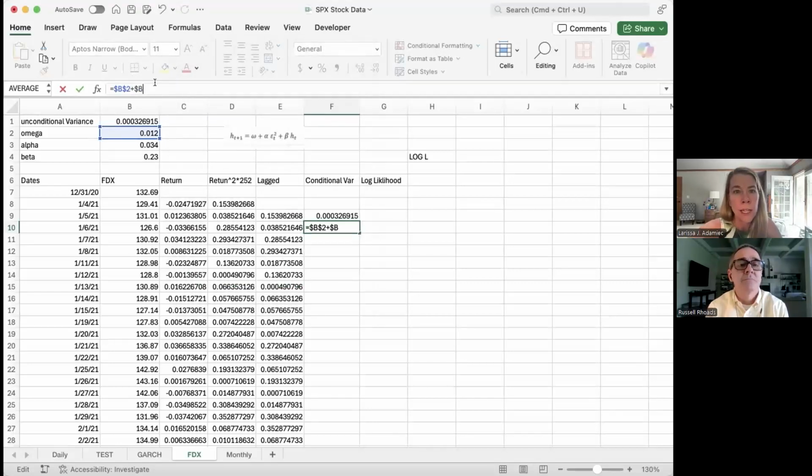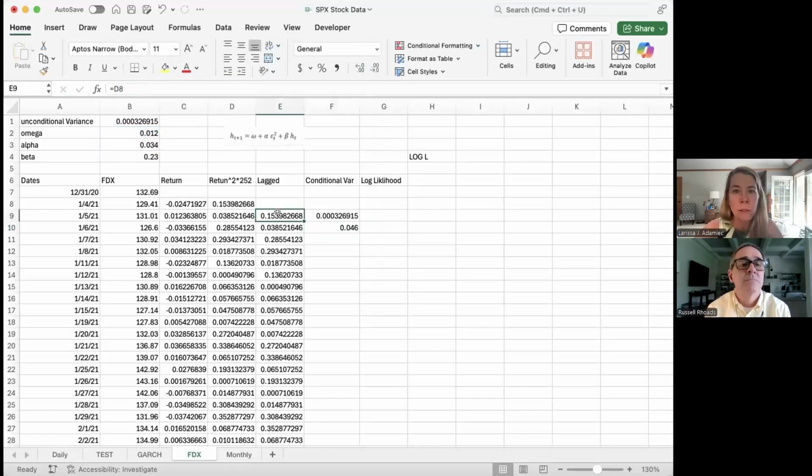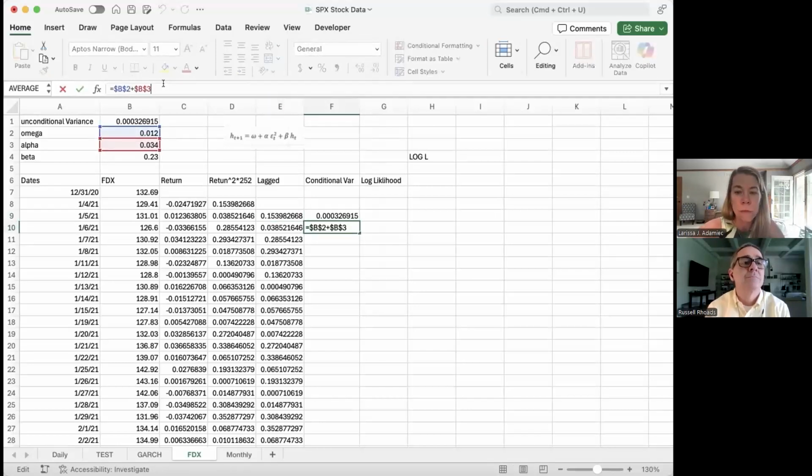We're going to put in our first coefficient, which is our alpha, and we're going to multiply it by yesterday's returns. Oh, what did I do? And this is where keeping track of those little t's are very important. Next, we are going to have our final piece, which is the beta multiplied by yesterday's variance. So B4 times yesterday's. Okay.